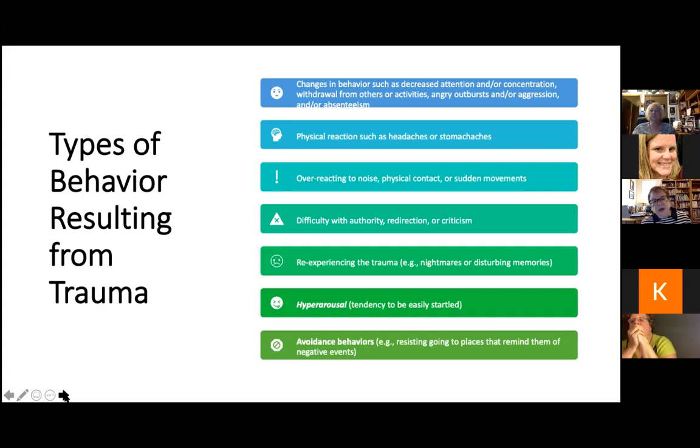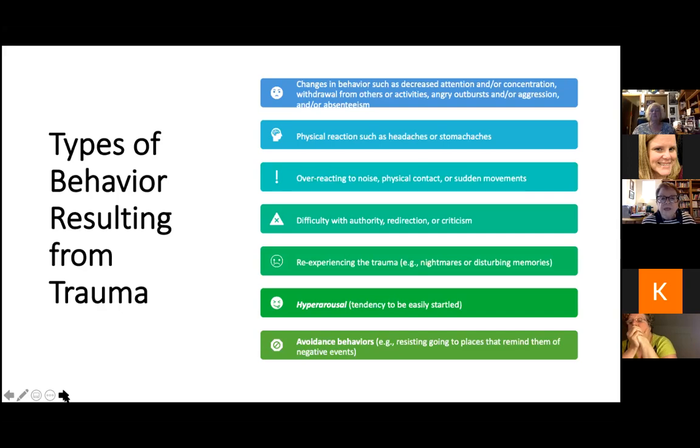They can also have physical reactions such as headaches or stomach aches, as well as other things. I've had in my own life students who would pick at their fingers or pick at the corners of their mouth or pull at their hair because of this stress and frustration. And those are things you have to look out for.